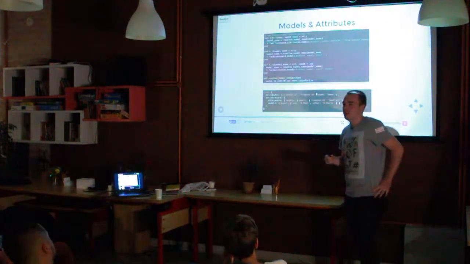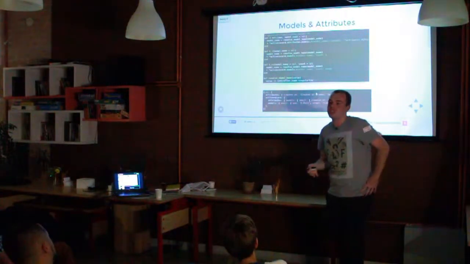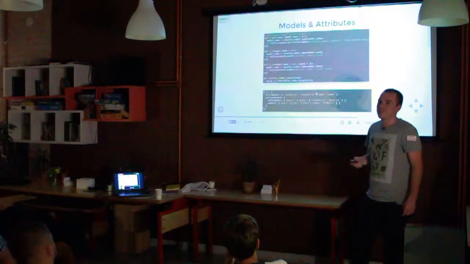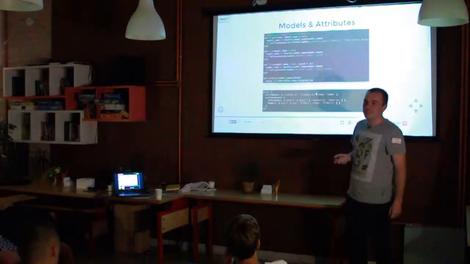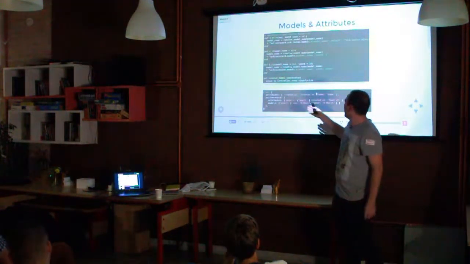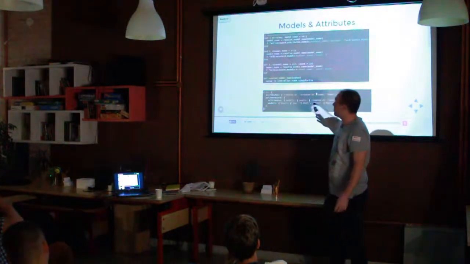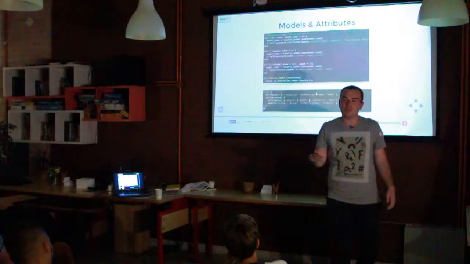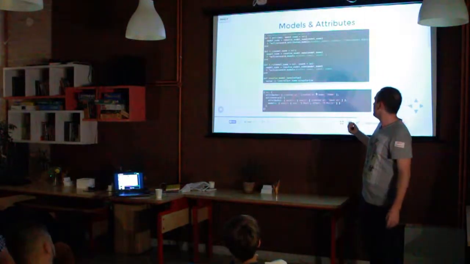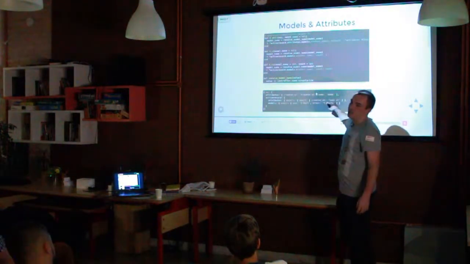But then you are duplicating your translation. Well, it depends. In most cases, yeah, because most of the time created ad is just created everywhere. But when you create an email, it's probably sent ad.